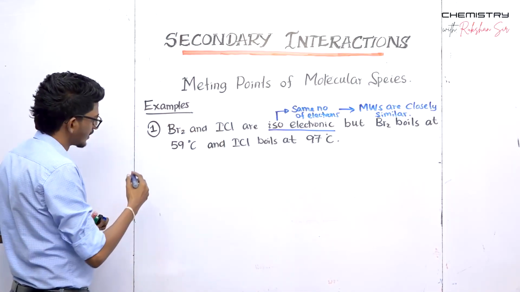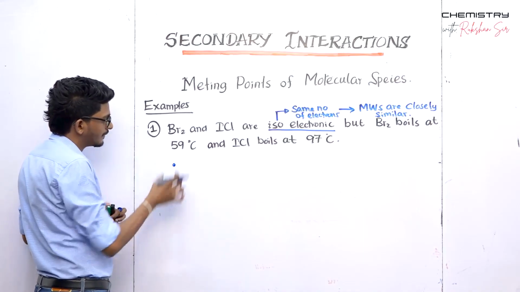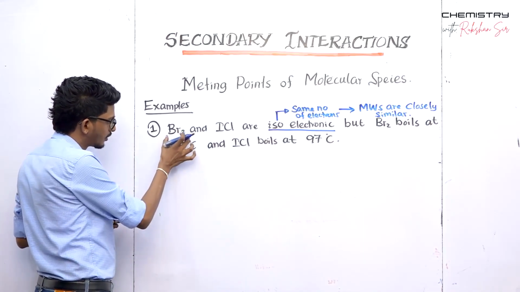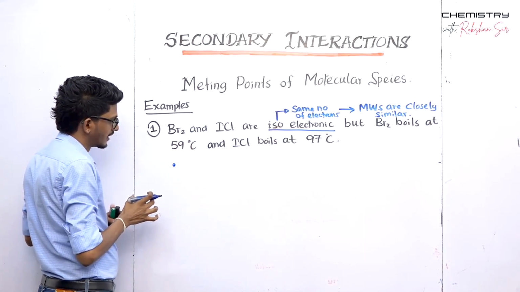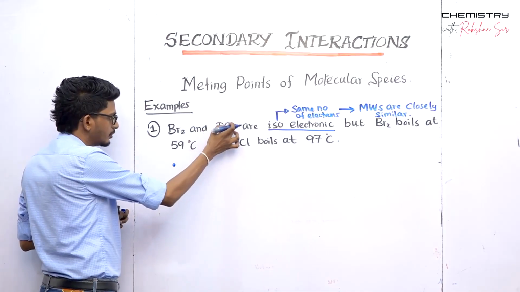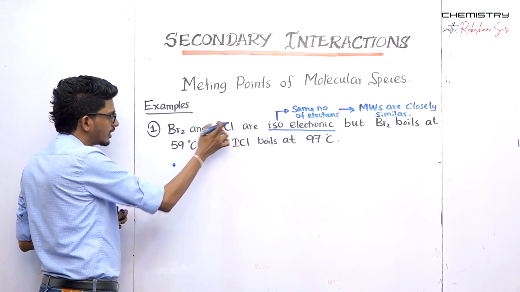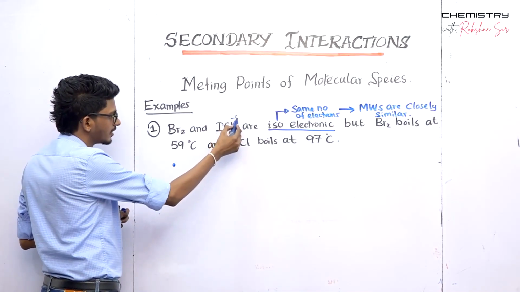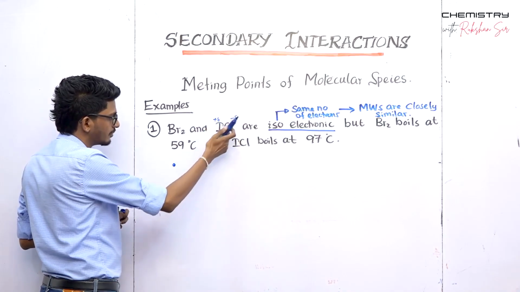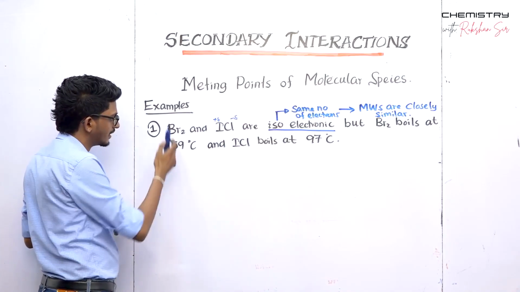So we can write as the first point, Br2 is a non-polar species, and ICl, as you have some difference between the two atoms, is a polar species. The electrons will be attracted towards the Cl, but here it is non-polar.